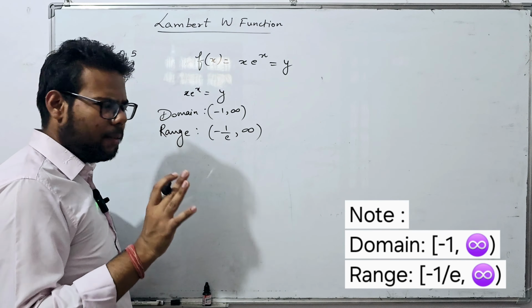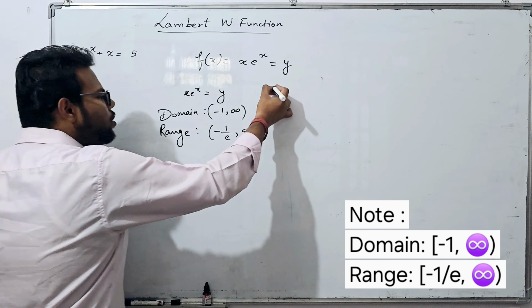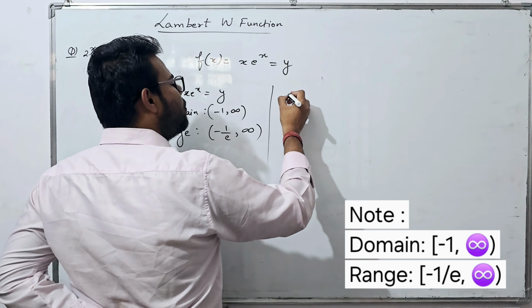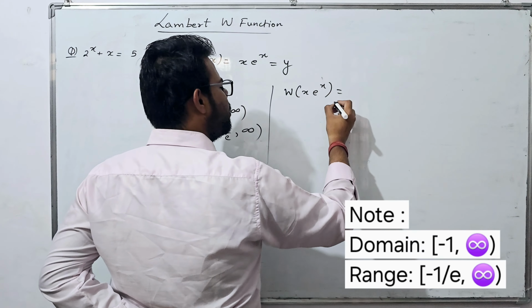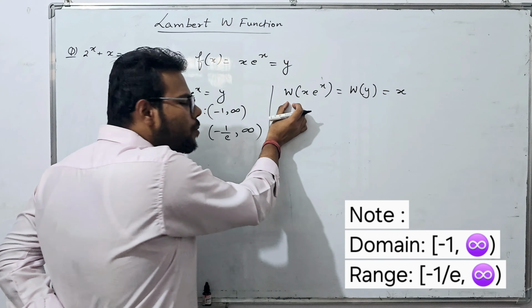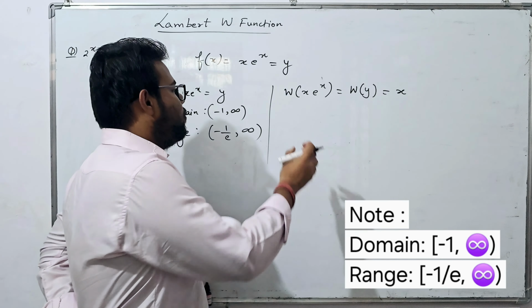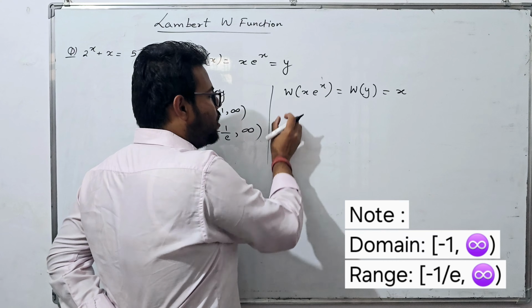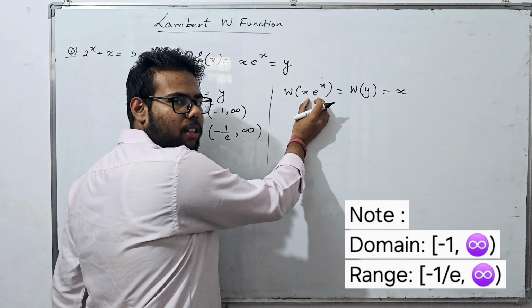So if you apply W, W of x e to the power x is equal to W of y is equal to x. And what is this W? W is called the Lambert W function, and what it is doing is simply taking the inverse of this expression.